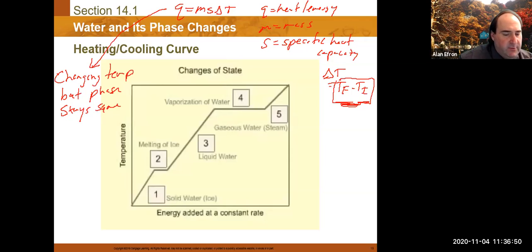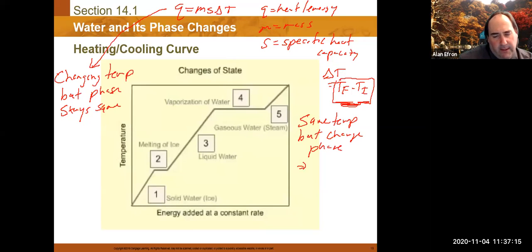What that means is we're changing the temperature, but our substance remains, say, liquid all the way through that change, or solid all the way through that change, or gas all the way through that change. When we keep the same temperature but change the phase, this is where we want to use something like the delta H of fusion or the delta H of vaporization.